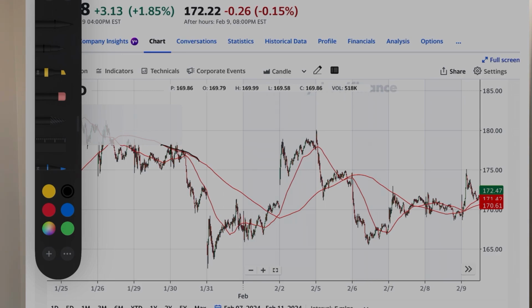So look at this right here. It comes up to play around with it, but it came right back down, right? That's one example, acting as resistance. Here's another example.